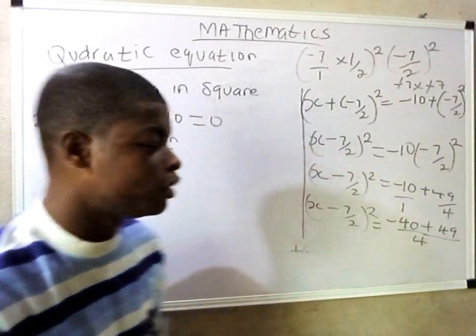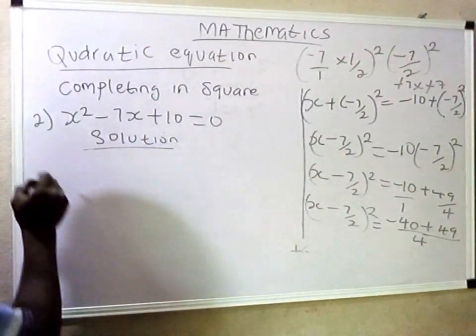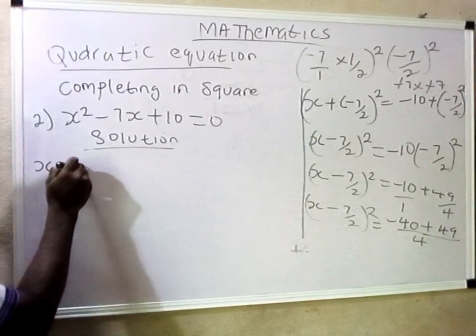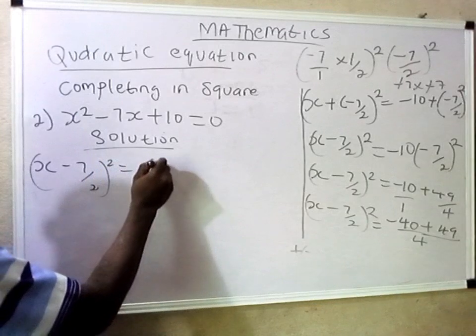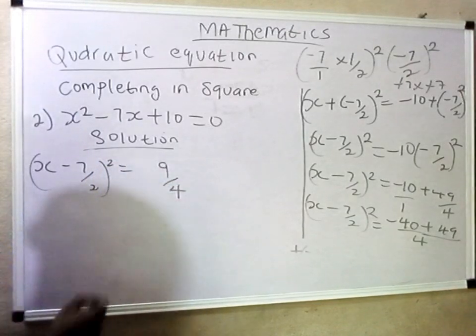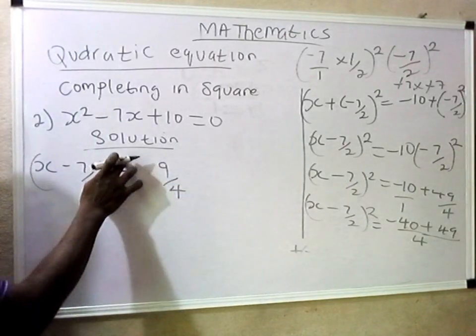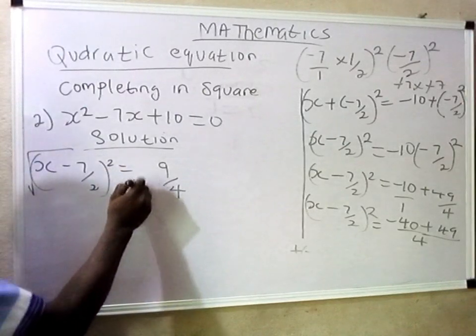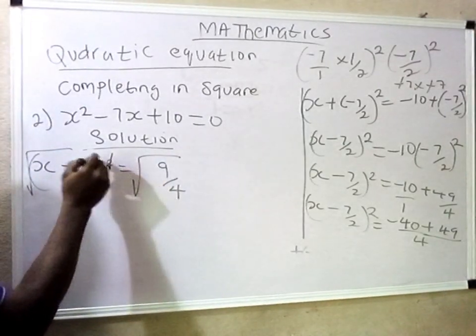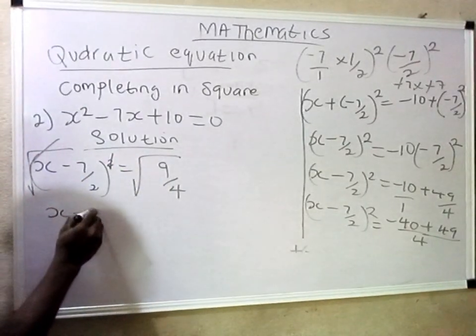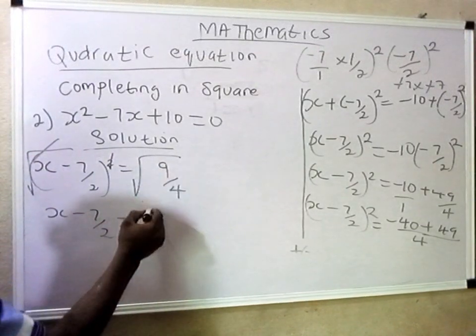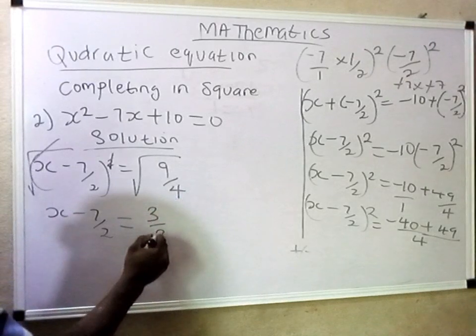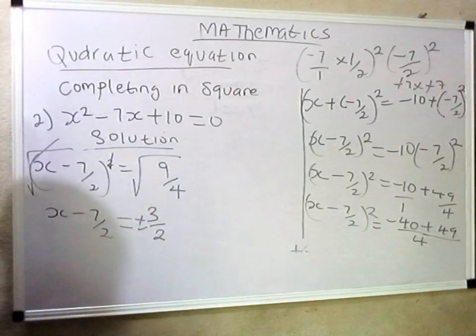So it will be plus 9 over 4, which will be x minus 7 over 2 all square equals 9 over 4. Okay, if I want to remove this square, we put square root on both sides. So square cancels square root. So x minus 7 over 2 equals the square root of 9 is 3, the square root of 4 is 2, plus minus.